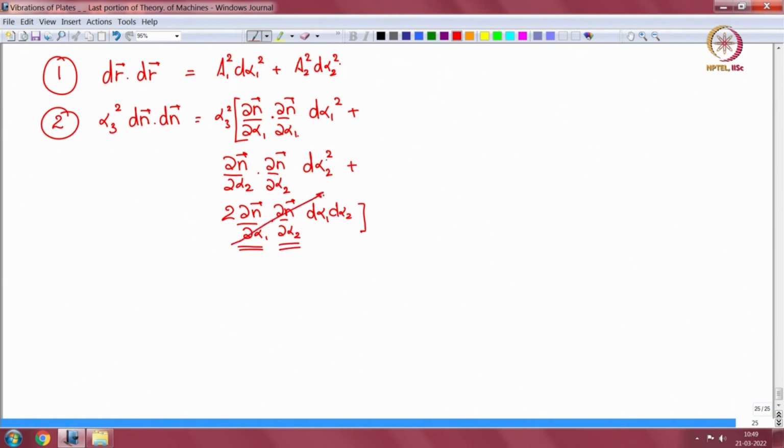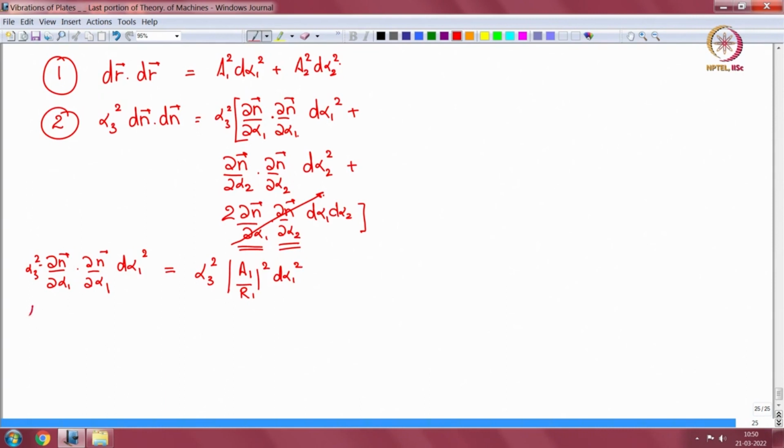So we are left with these two, and from our earlier derivation we know del n by del alpha 1 dotted with del n by del alpha 1, into alpha 3 squared d alpha 1 squared, is equal to alpha 3 squared a1 by r1 squared d alpha 1 squared.